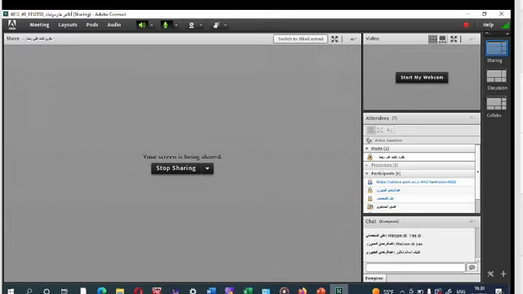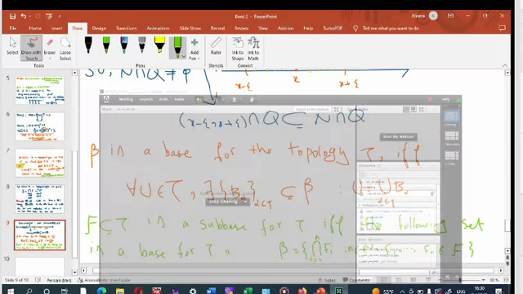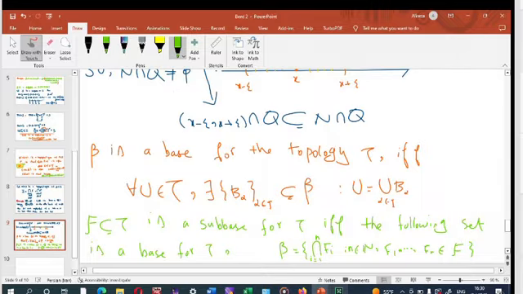So that base and subbase are subsets of our topology.